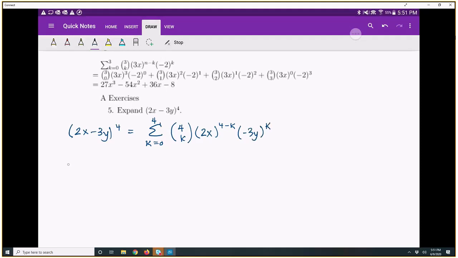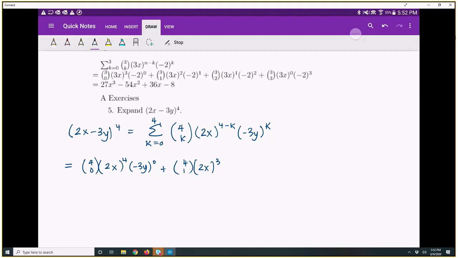So let's write that out. That should be 4 choose 0 times (2x) to the power 4 times (-3y) to the power 0, plus 4 choose 1 times (2x) to the power 3.